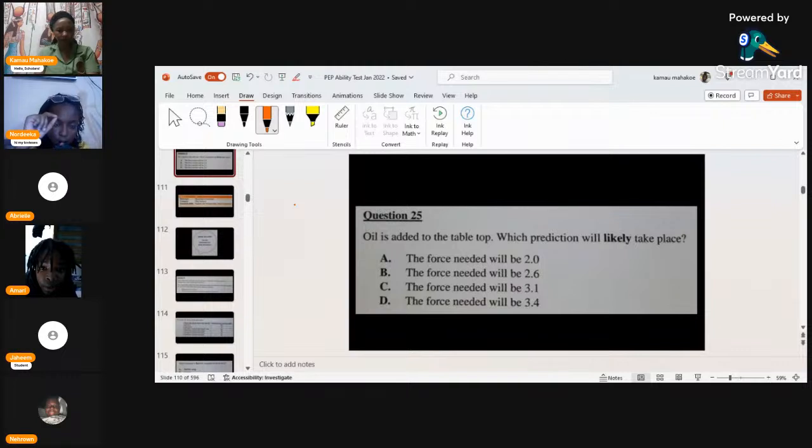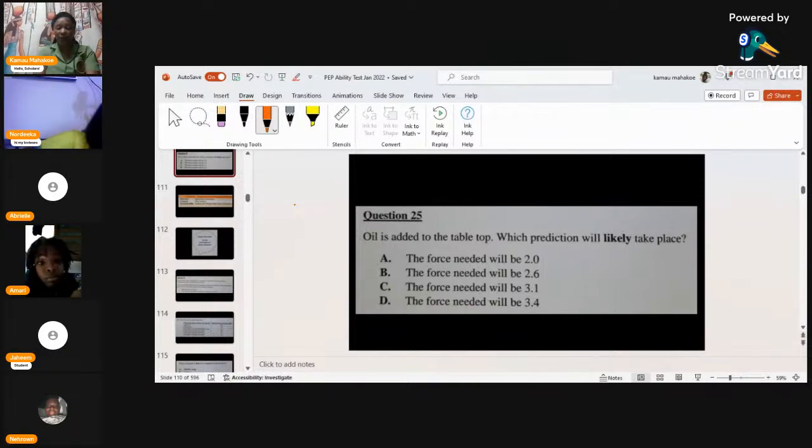A. The force needed will be 2.0. B. The force needed will be 2.6. C. The force needed will be 3.1. D. The force needed will be 3.4.